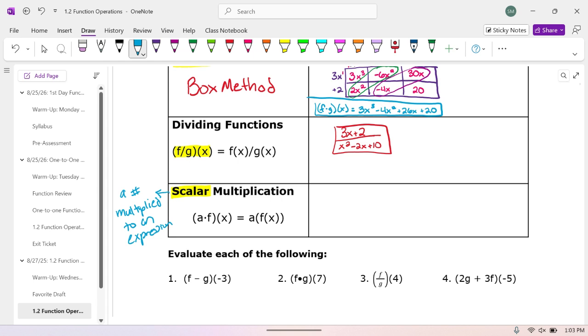So literally, if it's written as a times f of x, all we do is just multiply that to it.